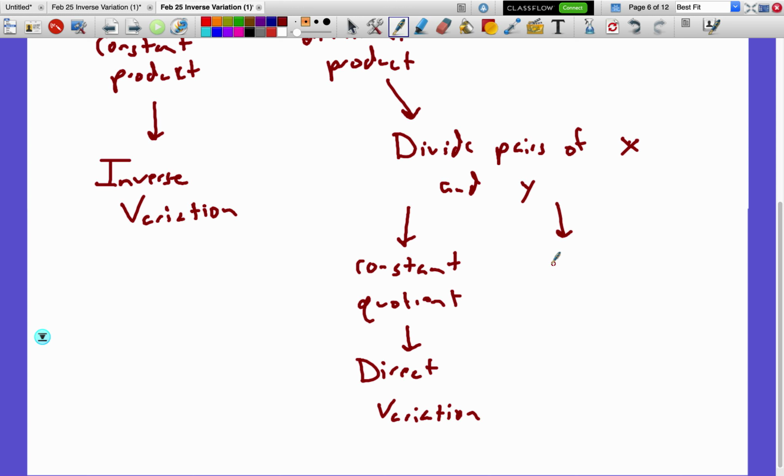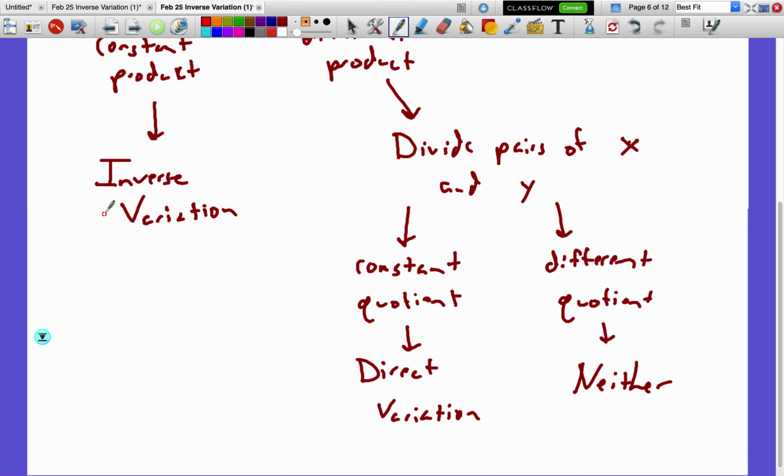And if we get a different quotient each time, that's going to be neither. And most relationships are neither. So don't be surprised if you are testing for direct and inverse variation and you have neither a constant product nor a constant quotient.